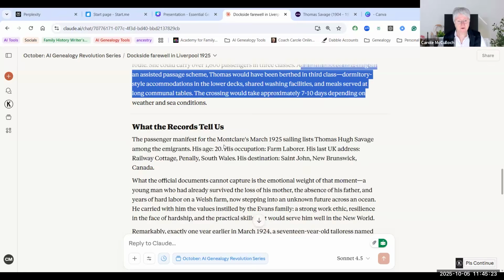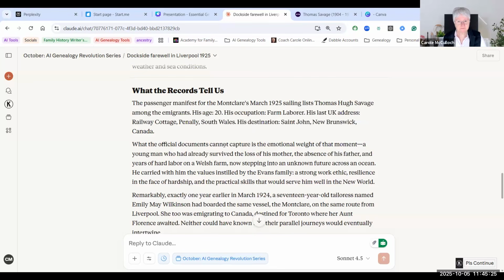Then further on, what the records tell us. These are speculative, but are very interesting perspectives that I hadn't imagined.